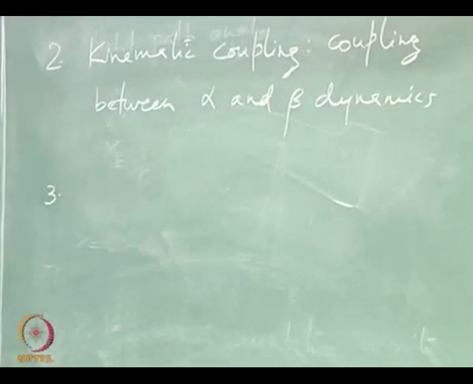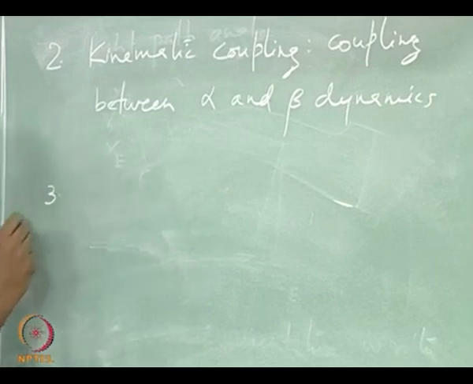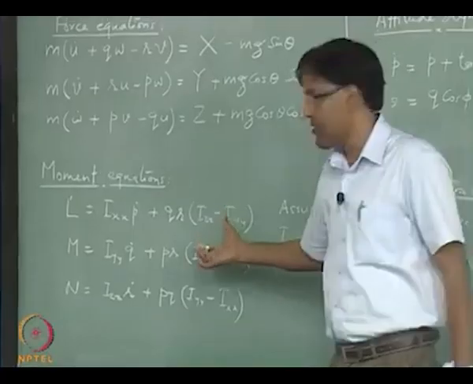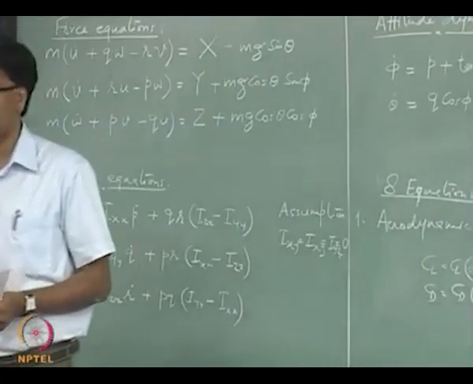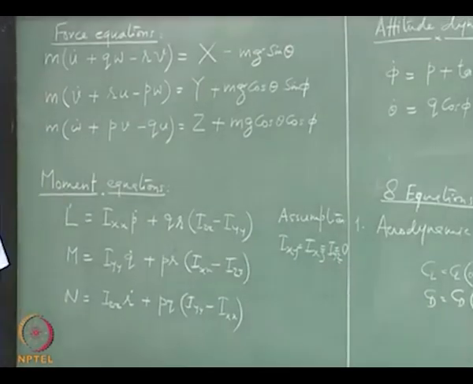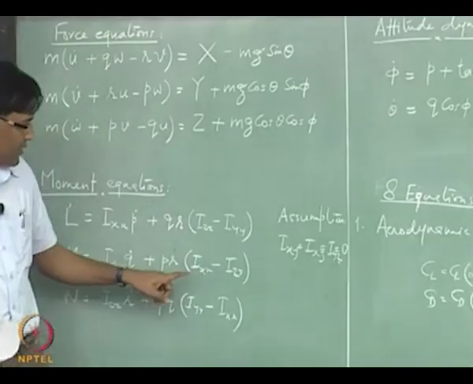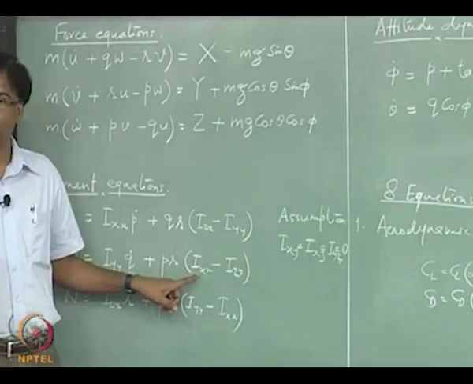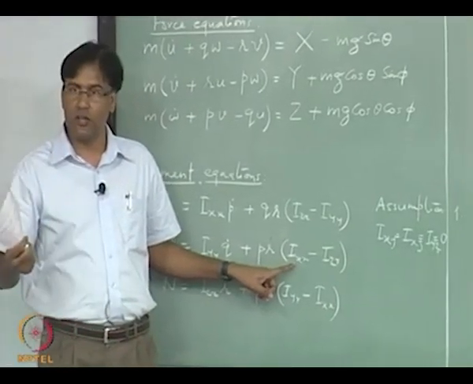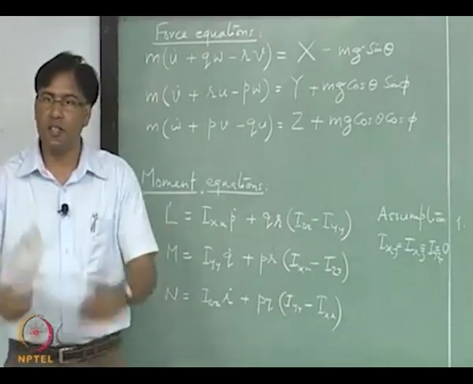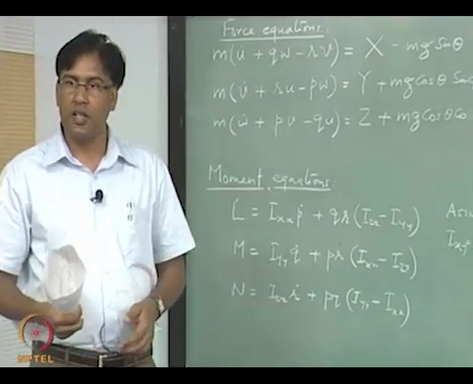Third one is related to low alpha flights, okay, and this is because of the coupling due to inertia terms. Okay. So, we have aircraft with different inertia values. So, for example, if you look at a combat aircraft, there this Ixx term is going to be low, because all the mass is concentrated towards the center line.